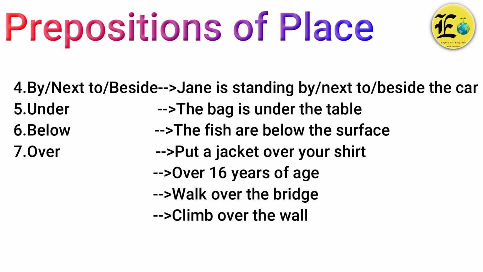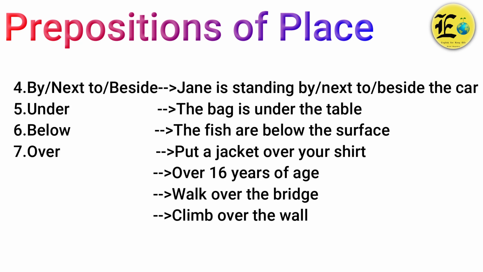Therefore, to refer to a particular thing or a person by location, you can say Jane is standing next to the car. Or you can say the car is parked beside the house. So therefore we know where Jane was standing and where the car was parked, because it shows the location using the words by and next to.